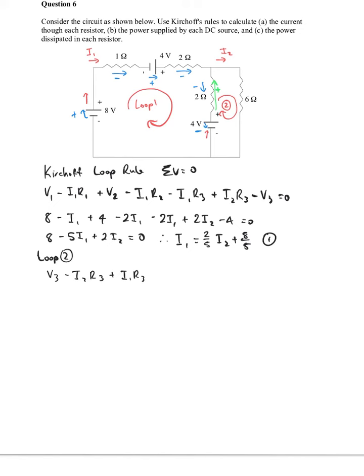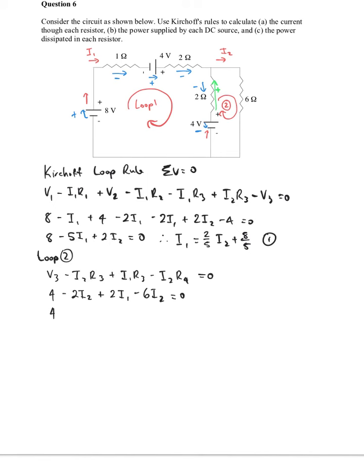So there's going to be a backwards contribution through R3 from the first loop, minus our voltage drop across this 6 ohm resistor, which is I2 R4, that goes to 0. So we get 4 minus 2I2 plus 2I1 minus 6I2 equals 0.